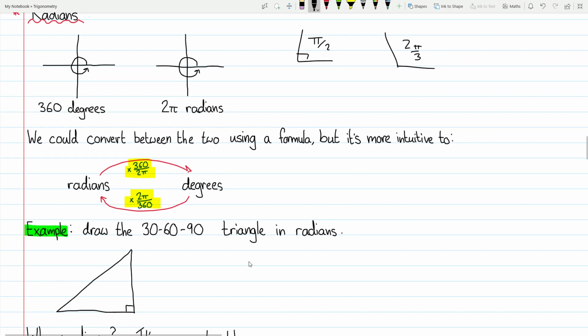There is a way to convert between the two. I don't like thinking about a formula. I like thinking of this logically speaking. I mean, if you have an angle, let's say 60 degrees, what's a nice way of justifying it?